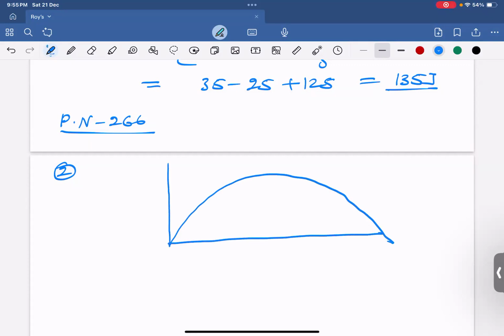If you see work done by gravity, up to the halfway part, the work done will be positive. Work done by gravity will be negative because gravity mg is acting downward. But when it returns to the ground, in the downward motion, work done will be negative.